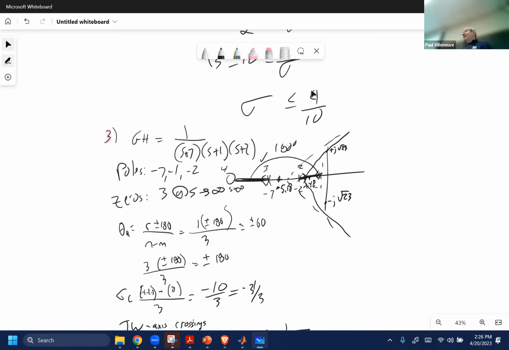I debated asking you to find a value of K for gain, but if you had gotten your root locus wrong, it's very difficult to calculate a value of K. I almost said calculate if -6 is a valid pole zero location, but I thought that was enough.